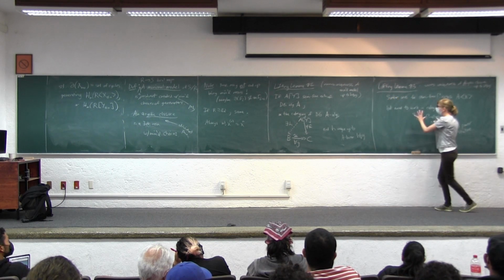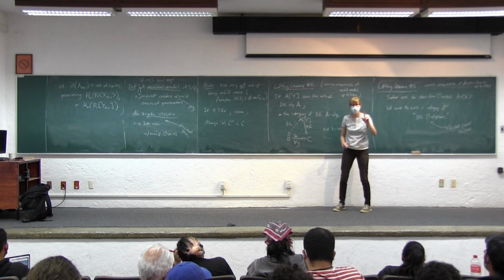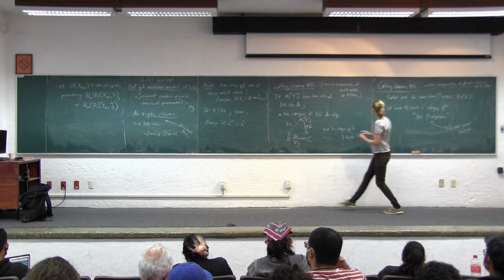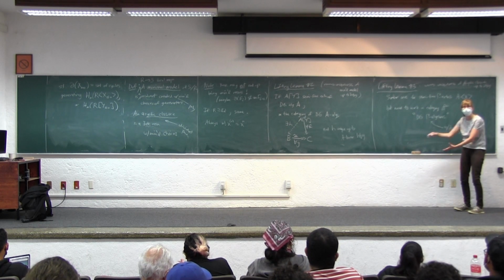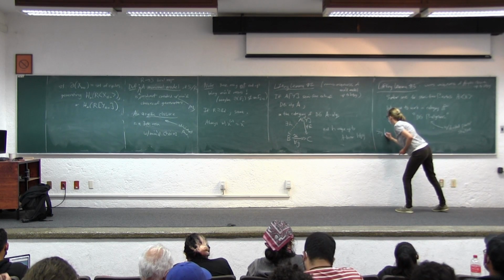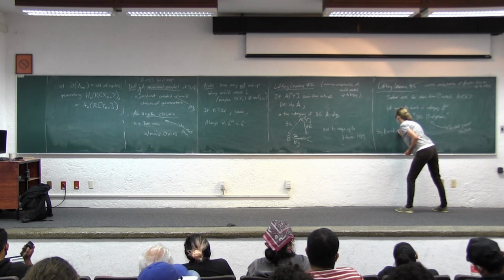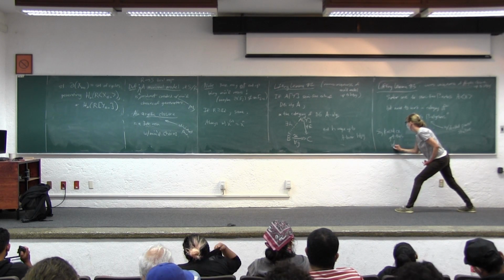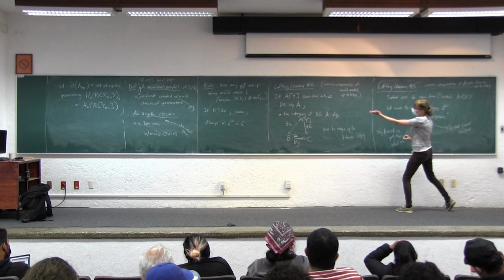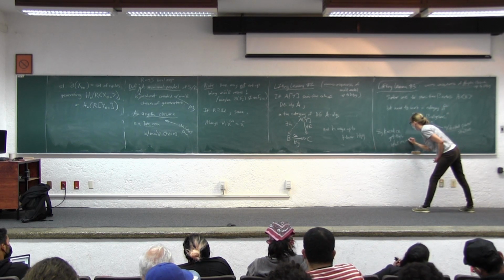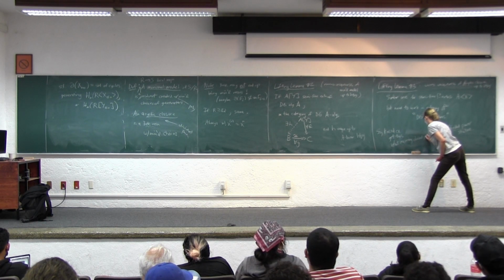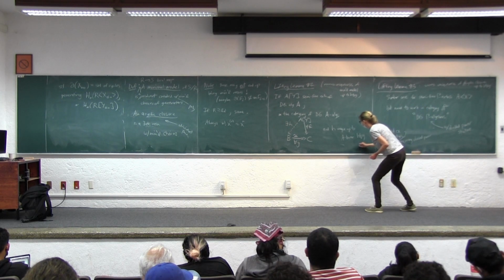But here you're like, oh no, I need a divided power structure on B and C. But only if you have even degree variables. If you have the Koszul complex, it has only degree 1 variables, and you don't really need a divided power structure on B and C. So for the Koszul complex, we get this without requiring divided powers, and the reason is that you can just apply this result.